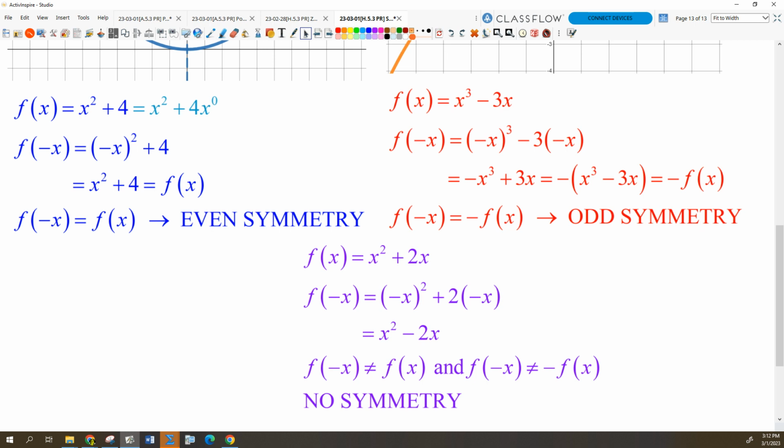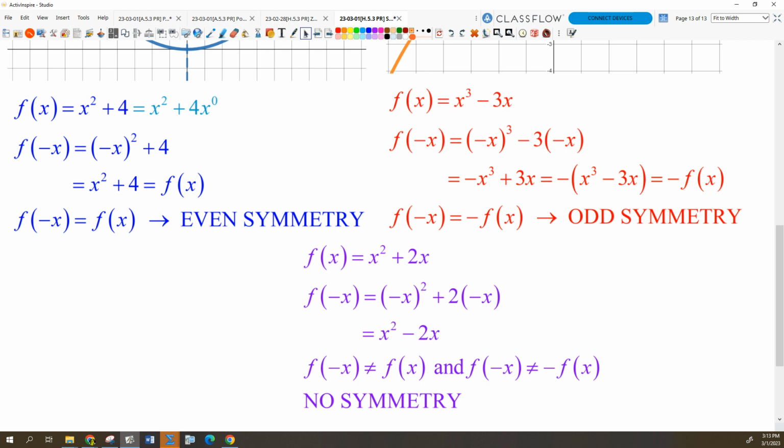Minus 3 times negative x is plus 3x. If I factor out a negative 1, then that leaves me with a positive x cubed minus 3x. Well, what do you know? That's my original function, isn't it? So I got f of negative x equals negative my original f of x. Well, if that happens, if f of negative x is equal to negative f of x, that's odd symmetry.